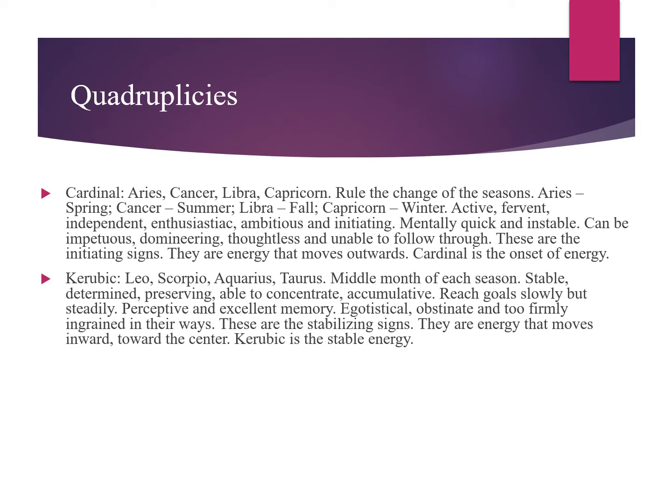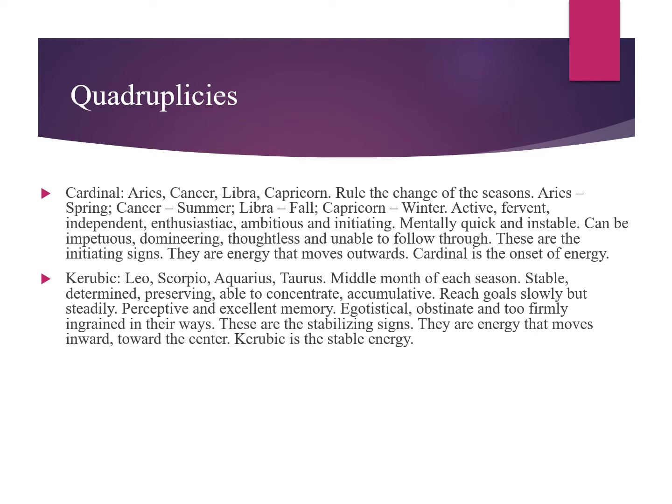Next comes the cherubic or fixed signs, which are Leo, Scorpio, Aquarius, and Taurus. These are the middle month of each season. So when the season is in full effect, they're very stable, determined, persevering, able to concentrate, and accumulative.